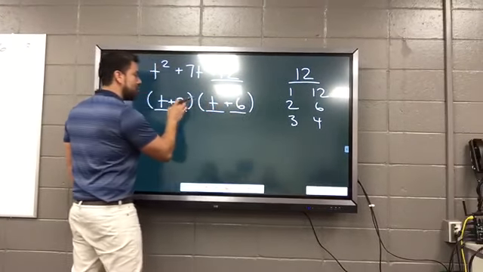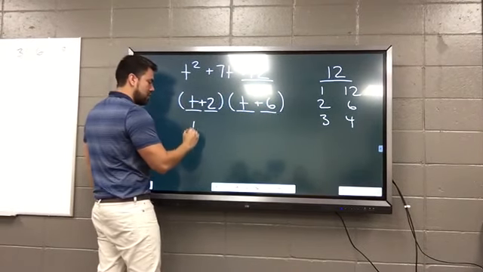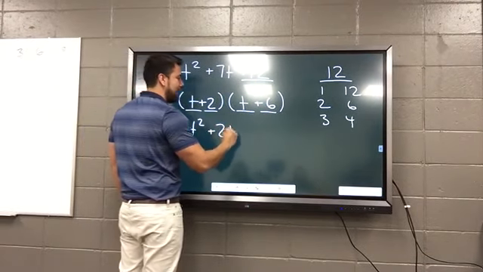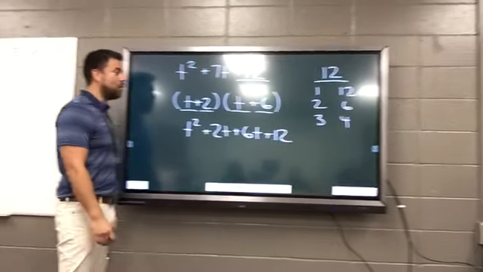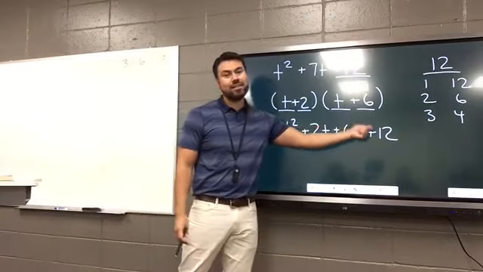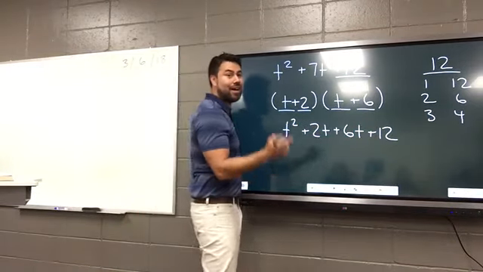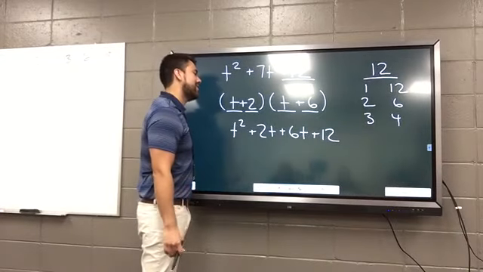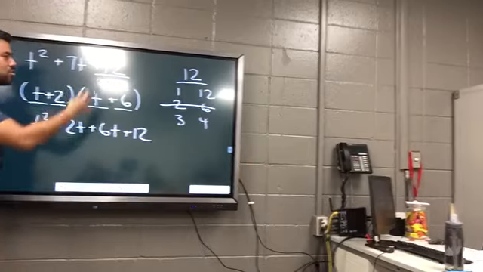By the way, it doesn't matter which one you put where. It doesn't change it. I get t squared plus 2t plus 6t plus 12. Oh, I get the first one and the last one, but what about that middle one? I'm off by 1. So does 2 and 6 work in these spots? Nope. So now you would try the other two.